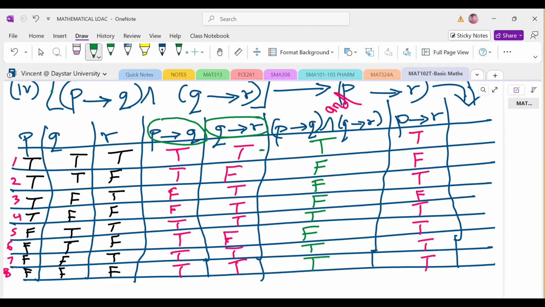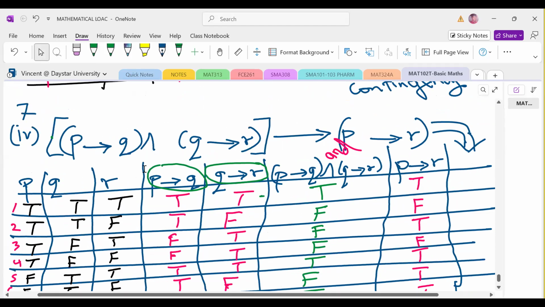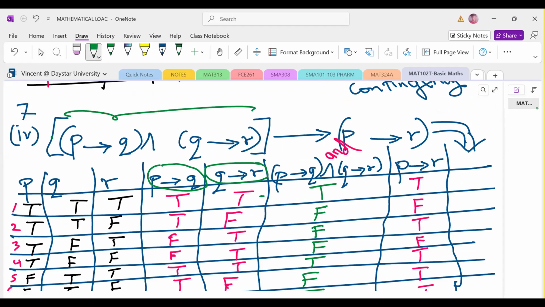Good. Now let's check this one. This whole operation is testing what? All of this thing, the whole expression here. Now we are joining this square bracket here and this other one here. So what logical connector are we dealing with when you are comparing all that thing? Implication, correct.